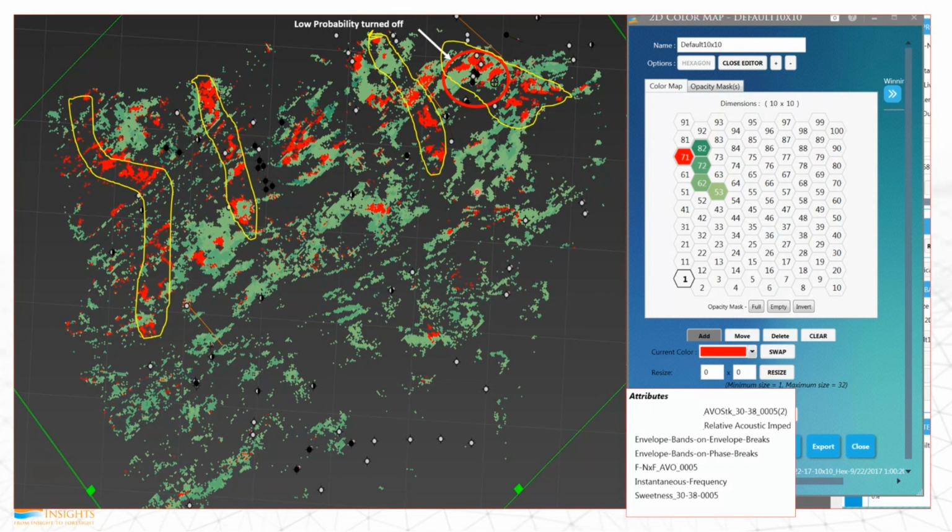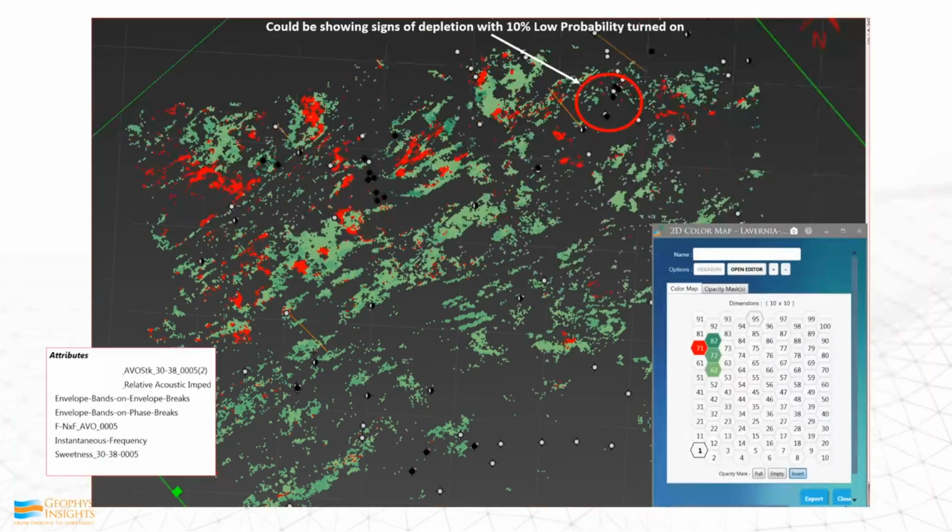Now this next slide, I'm only showing the lower 10%, lower probability again. So here is where lower probability is now saying, okay, all this is depleted, so it's no longer anomalous, but all these areas in red and green for my main neuron and support neurons are showing they don't go away.